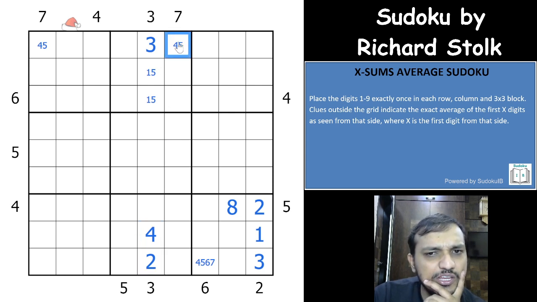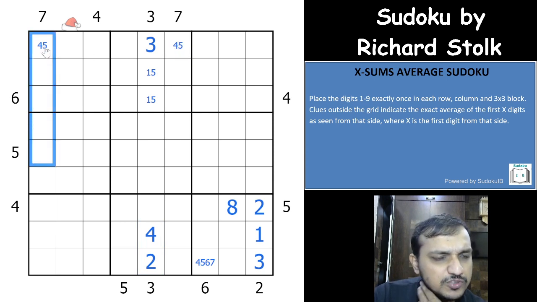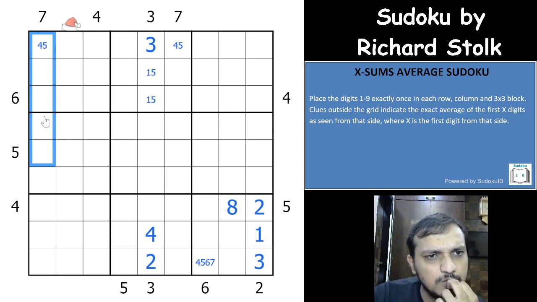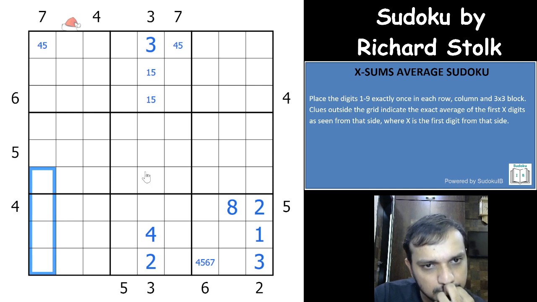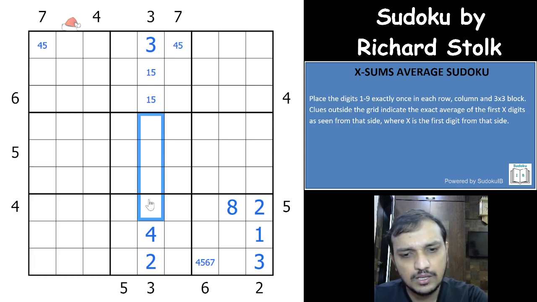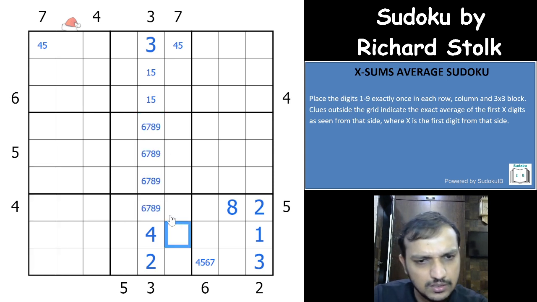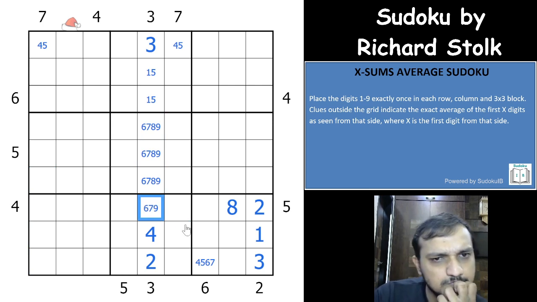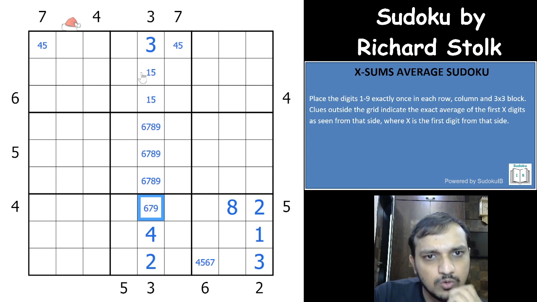If it is a 5, sum of first 5 digits would be 35. Again possible. 1, 2, 3 and 4. Or maybe you can have 6, 7, 8 and 9. 8 is not possible here. Oh, we have a 5 here.